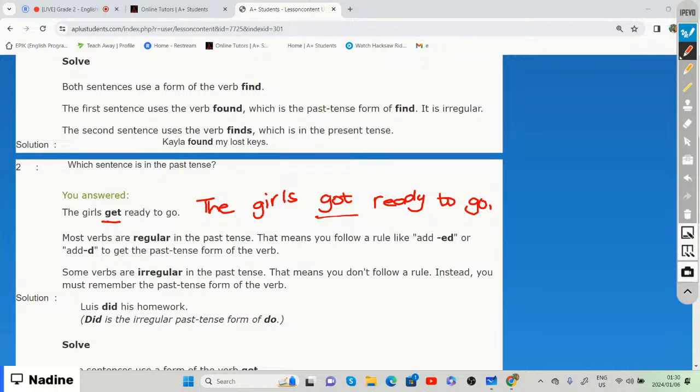And as you can see, the spelling is also changed between those two words, by one letter. So got is the past tense form of get.